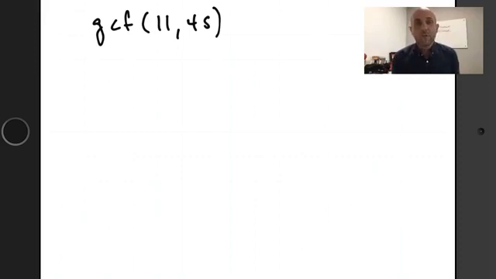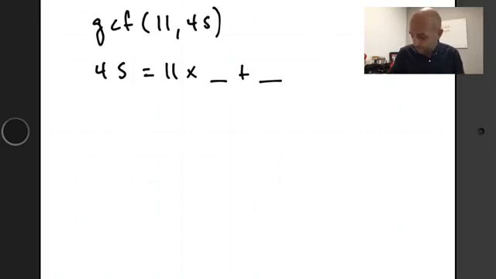If you're a parent and you're working with your kids, the purposefulness with your language is really important because it helps drive home what it is that you're doing. So I'm going to set the larger equal to the smaller times a number plus another number. Again, we'll think of it as the remainder. Okay, 11 and 45 is not too bad because the 11 facts are pretty accessible. 11 times 4 is 44 plus one more.